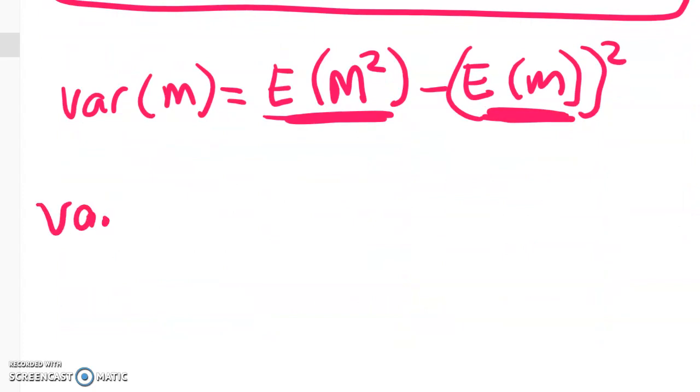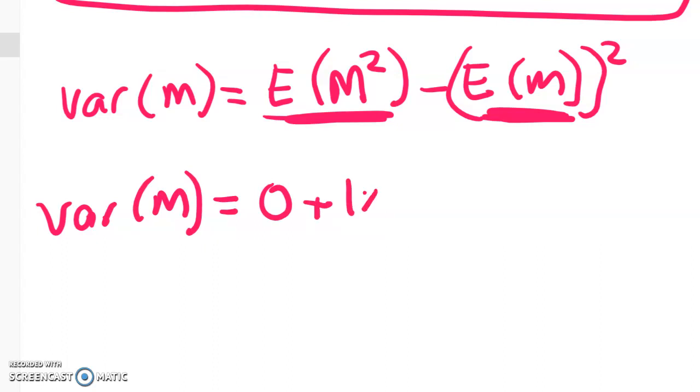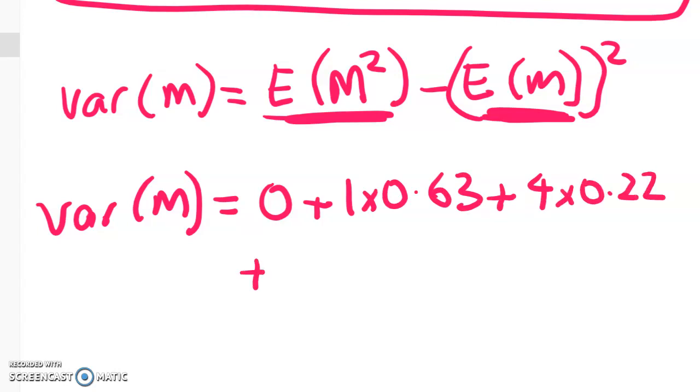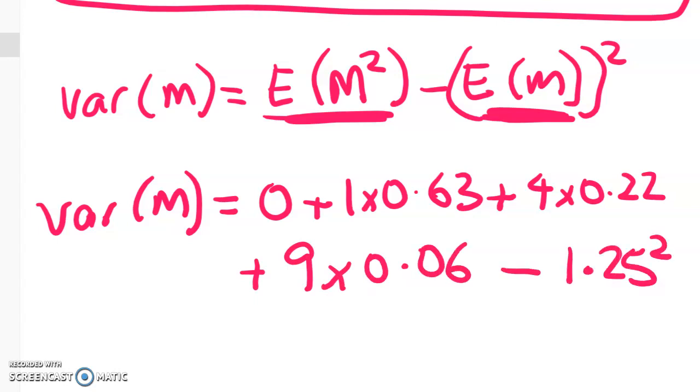So we get var M is equal to 0 plus 1 times 0.63 plus 4 times 0.22 plus 9 times 0.06. And then I have to subtract off the 1.25 squared.